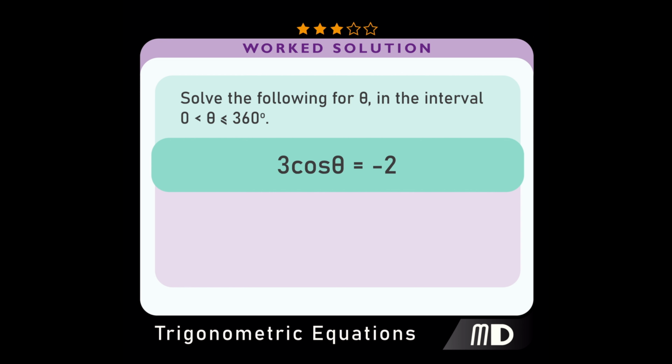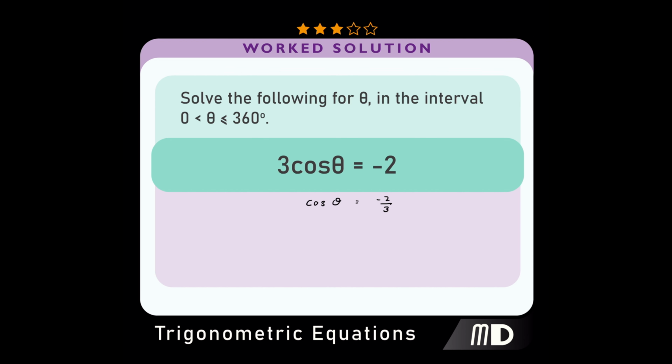We can do that first by dividing both sides by 3, which cancels 3 on the left side of the equation, giving us cosine theta equal to -2/3.